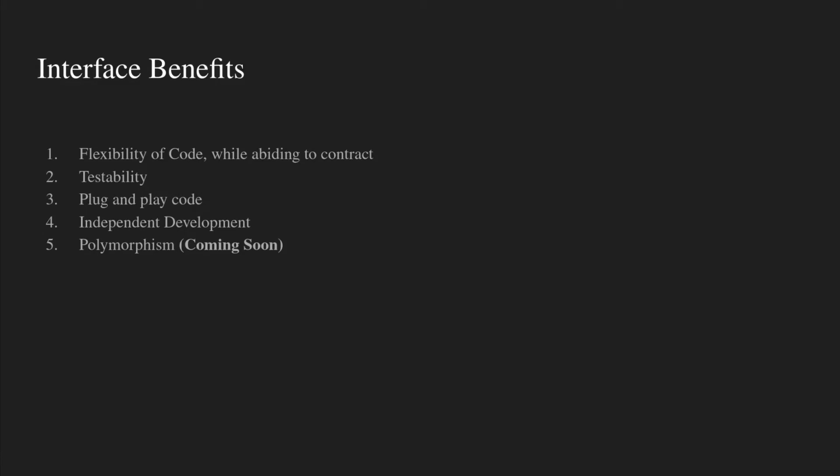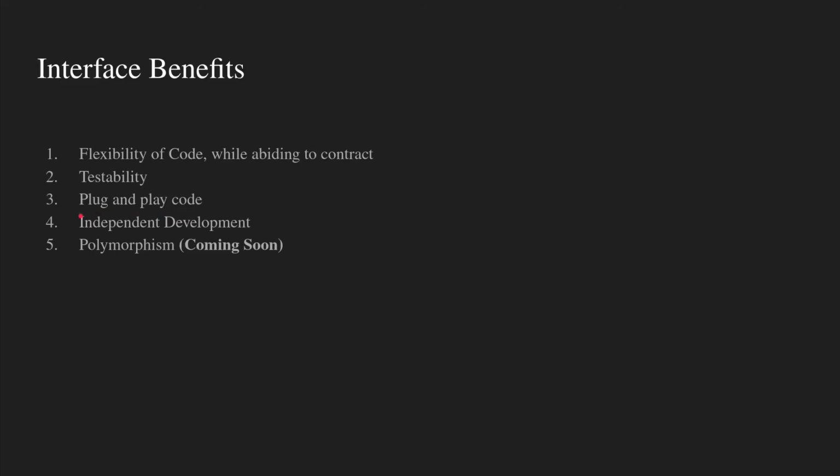There is a whole cornucopia of benefits you can get from using an interface. For one, once you're upholding a contract, you have the flexibility of what to do in that contract. Additionally, it makes things a lot more testable because you have a contract that you know is there and you can easily test that contract. As you create more implementations of that interface, it allows you to plug and play with your code.